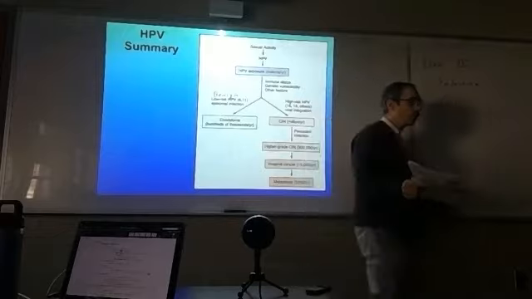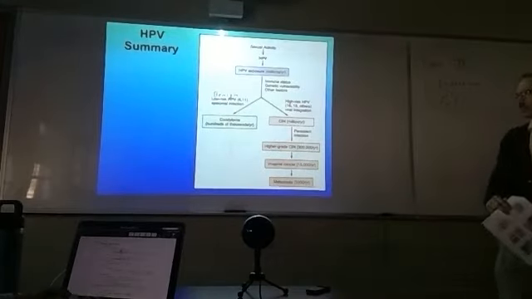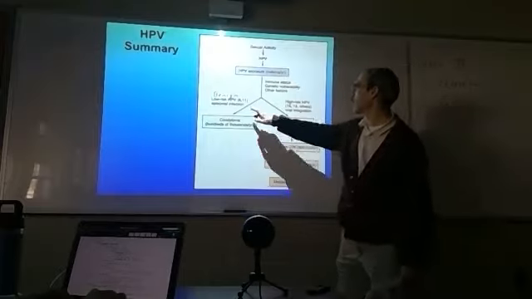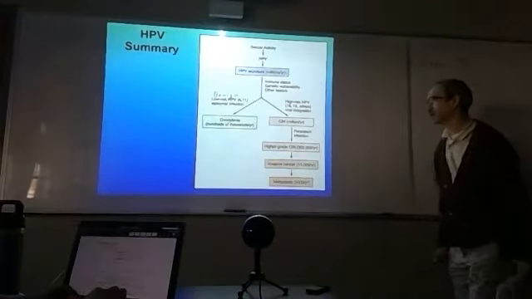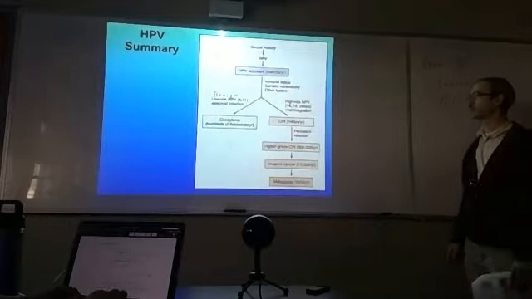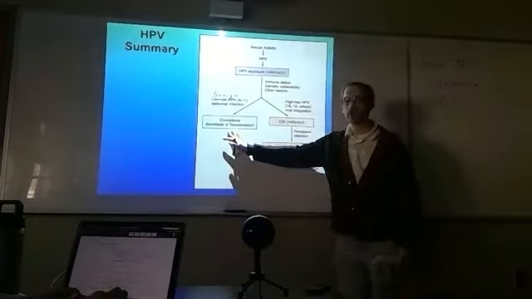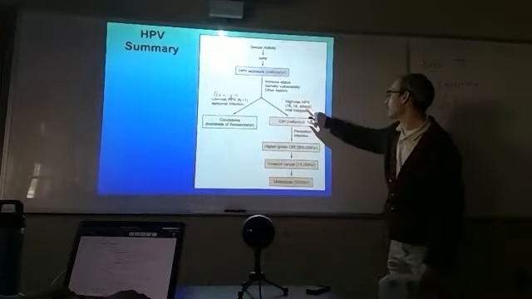Not even everybody develops condylomas. Condylomas, venereal warts. Okay, that's generally what happens with 6 and 11. Hundreds of thousands of people will be exposed to these benign serotypes and develop these condylomas.